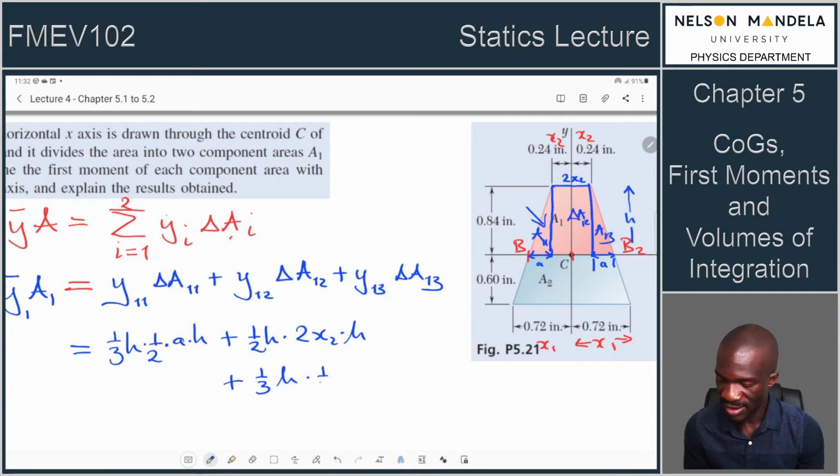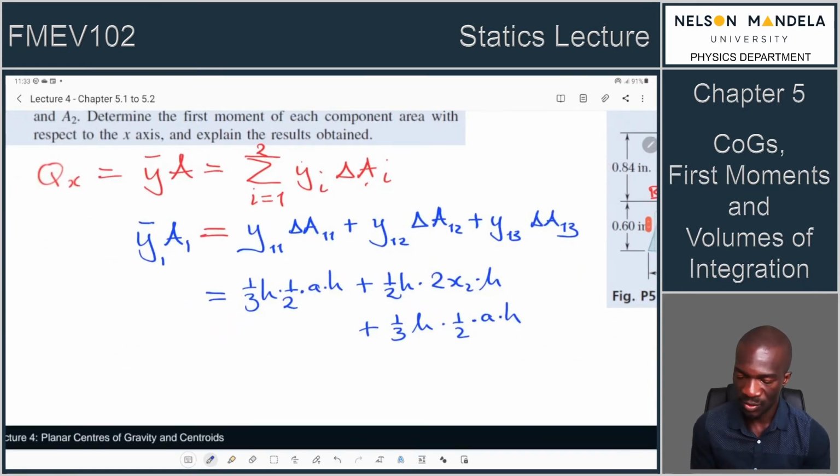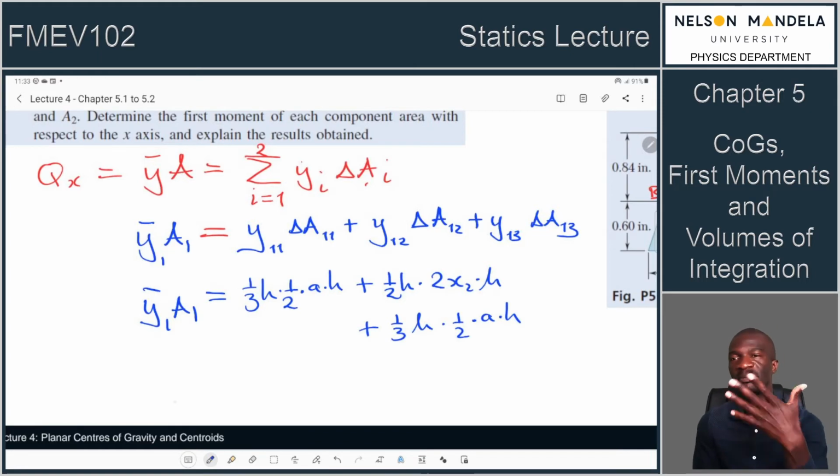The area is the same as the previous one, half of the base A times the height h. So there it means you can find your y1 bar A1, which simply would be this whole sum divided by the area A1.